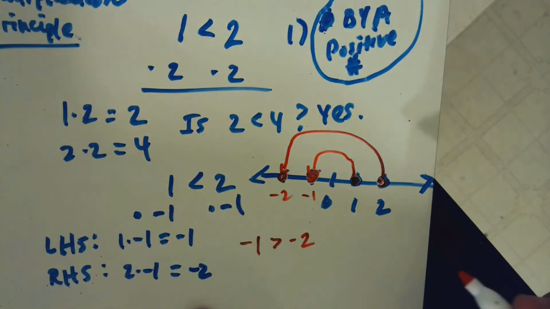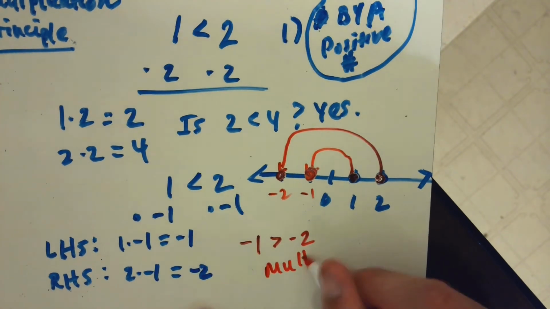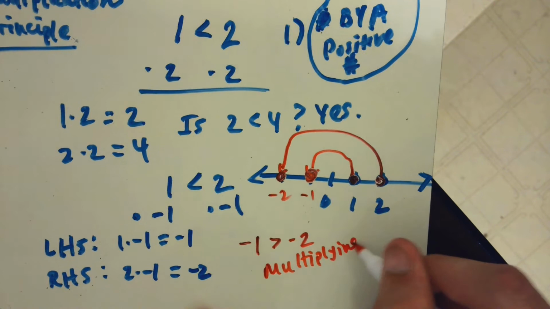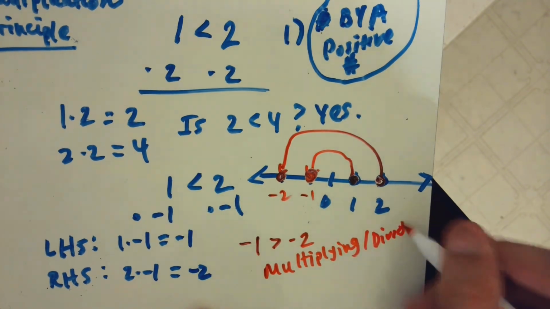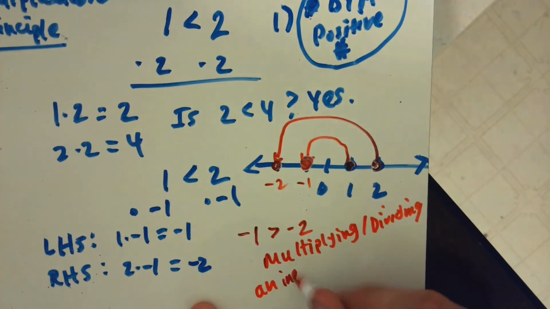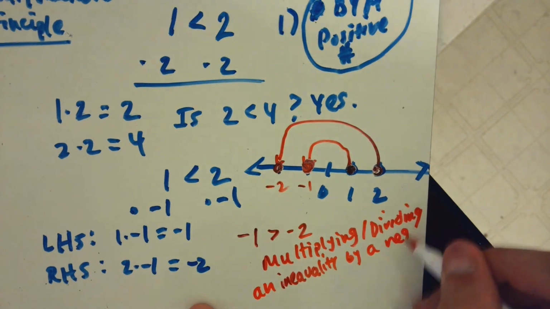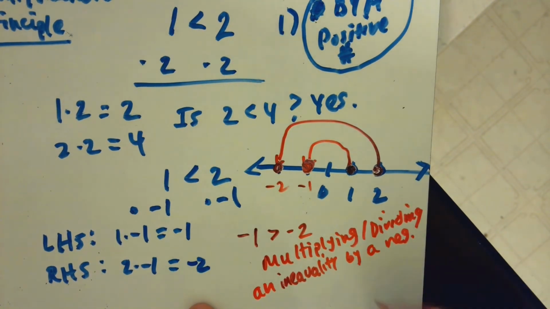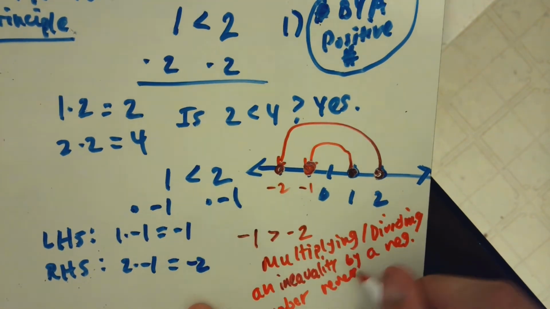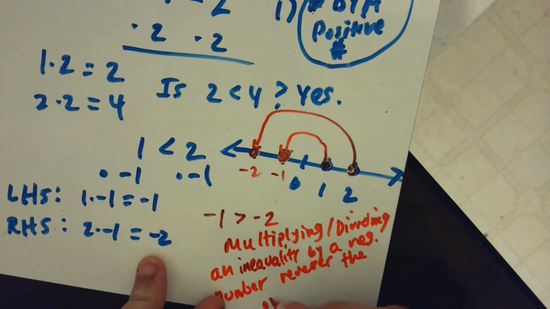Or in other words, just to really hammer the point home, multiplying or dividing an inequality by a negative number reverses the order of the inequality.